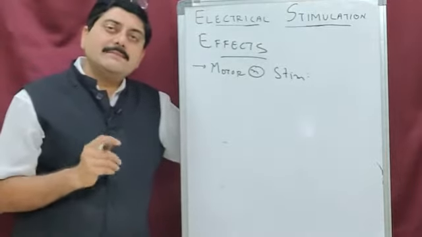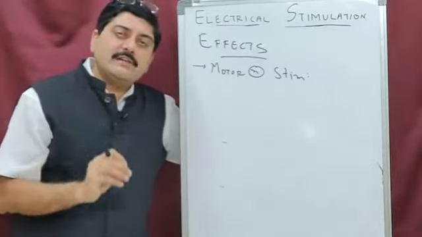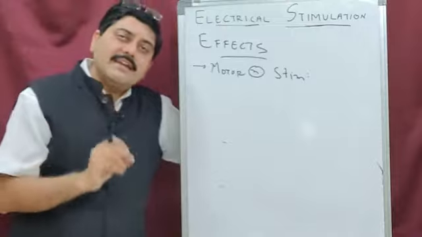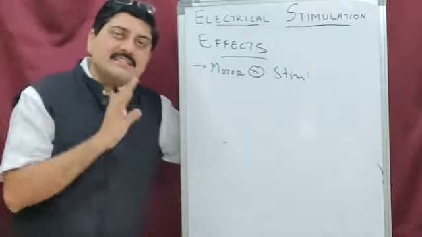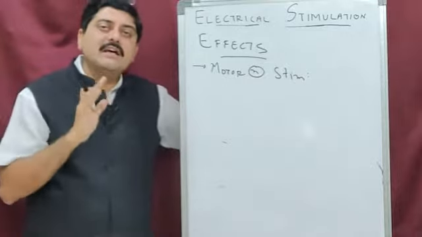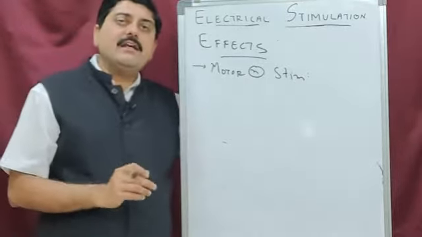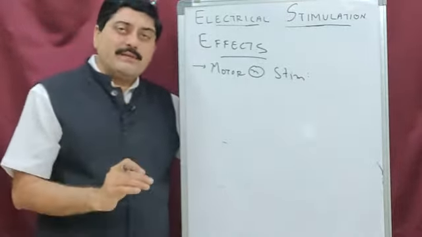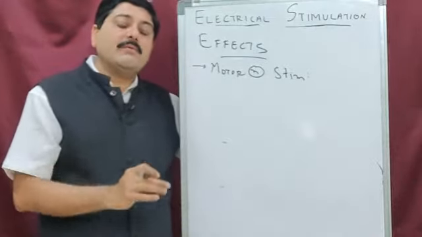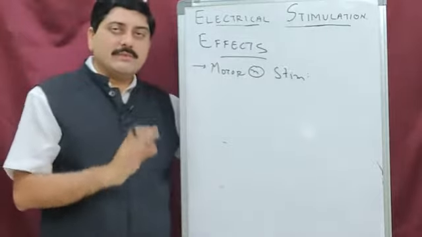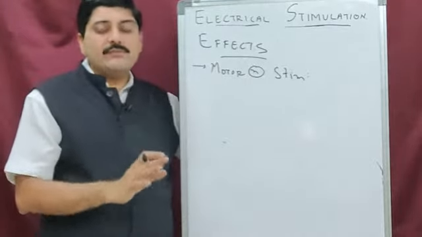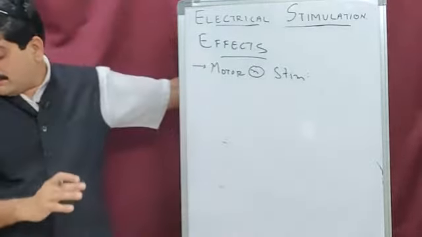It also helps in reducing the effects of immobilization and inactivity in the muscle. It also keeps the channels intact so that the muscle is ready for contraction, maintaining its properties, the properties of excitability, the properties of contractibility, and the physical structure of the muscle. These are the motor effects of the stimulation on muscle, right.